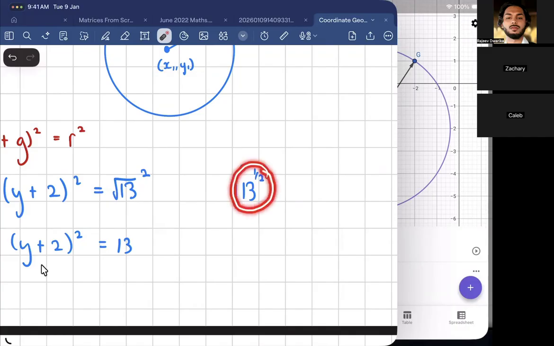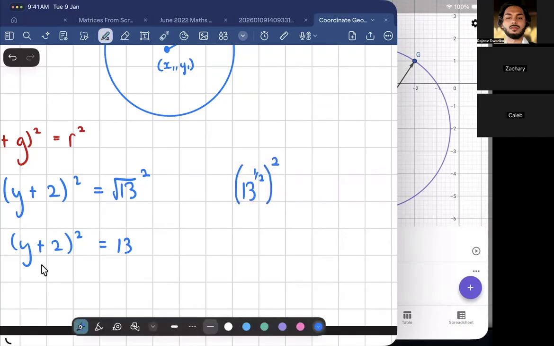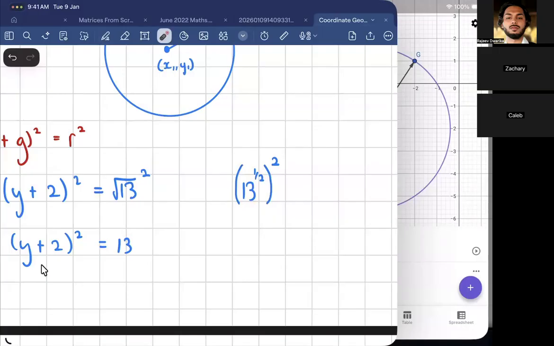So we're going to square this thing too. Now, guys, over here you see a power raised to a power. Anytime you have a power raised to a power, what do you do with the powers? Do you multiply them? Do you add them? You multiply them.